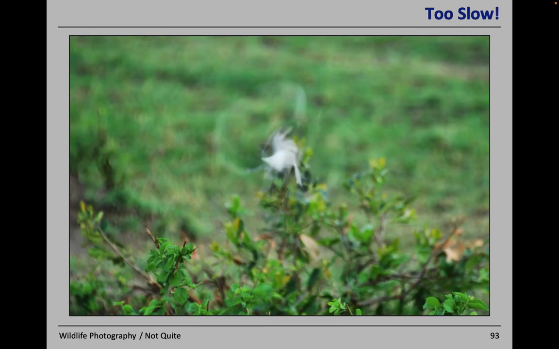Sometimes I'm too slow and sometimes the shutter speed is too slow. This, I think, is a bird. Could be a handkerchief, but I think it's a bird, and I think these lobes here are the wings flapping. So the shutter speed was too slow, so I haven't caught the bird, and I think I didn't intend to catch that anyway. I think I intended to catch it whilst it was still sitting on a branch, and I was just too slow, and it had already launched itself and was flapping its wings by the time I took the picture.